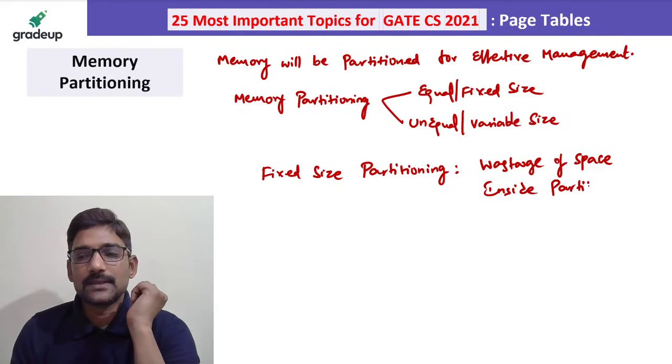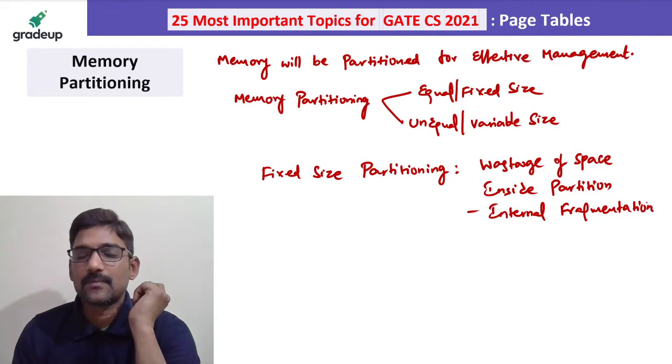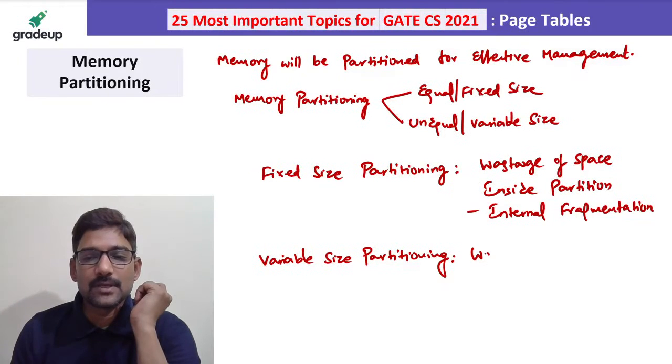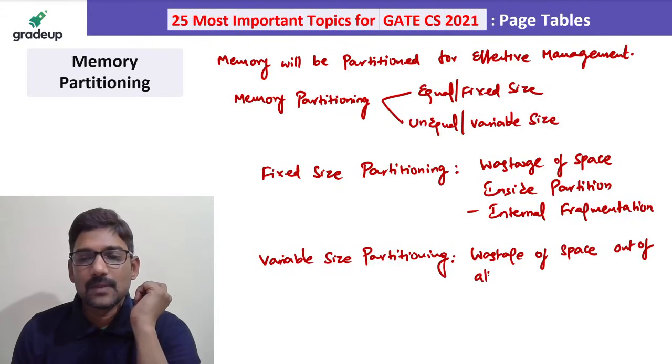This is what we call internal fragmentation. And in the variable size partitioning, there may be wastage of space outside all the partitions. This is what we call external fragmentation.